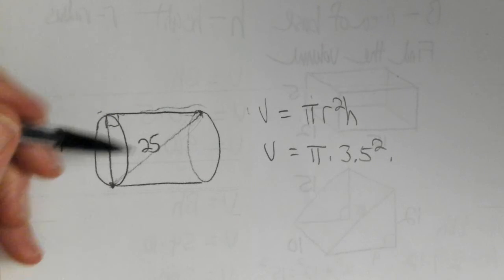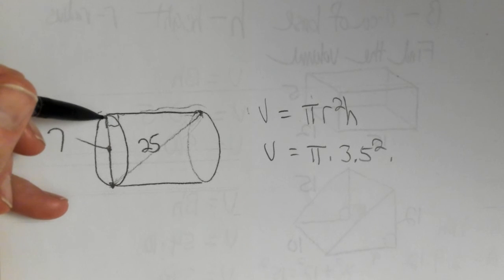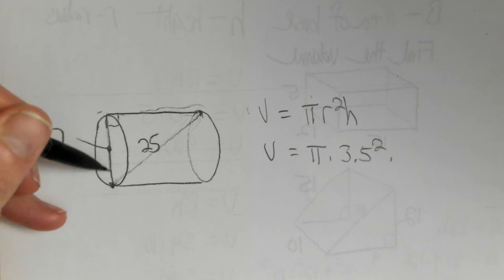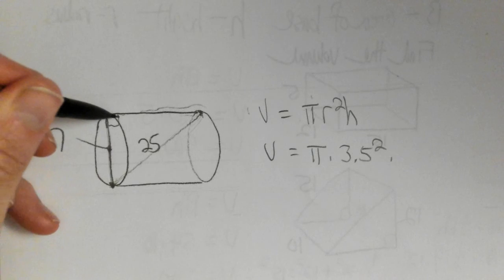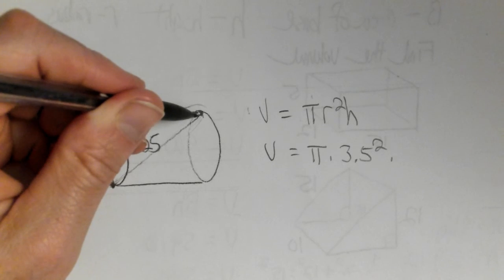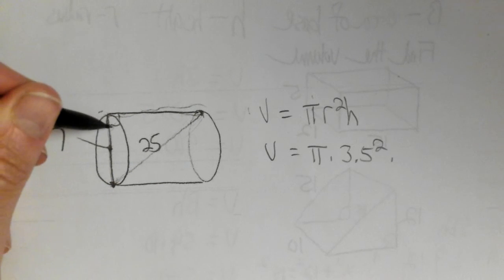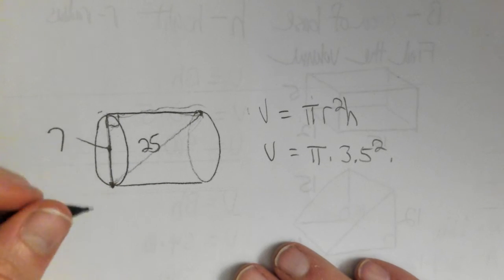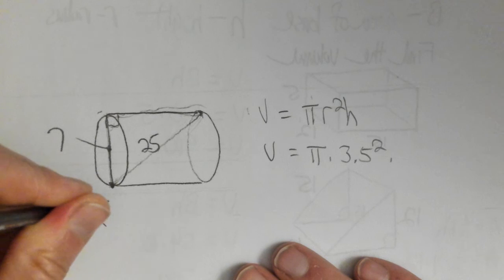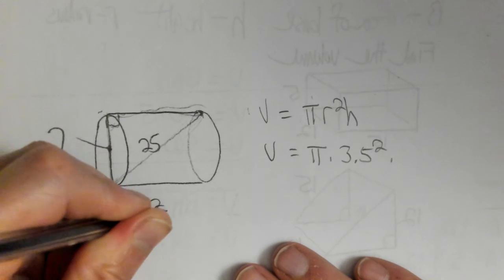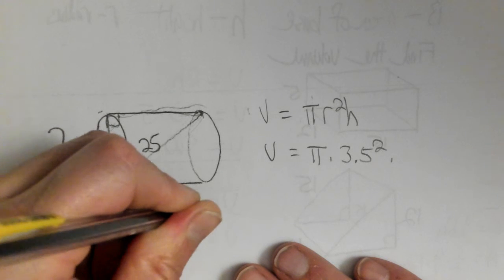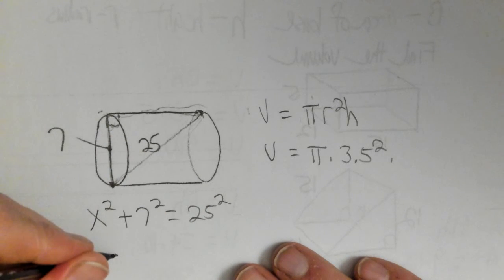Okay, but what we can say is that this diameter, this height, and this diagonal together make a right triangle. So once again, we know that the Pythagorean theorem will give us the missing side, which is the height. x squared plus 7 squared equals 25 squared.